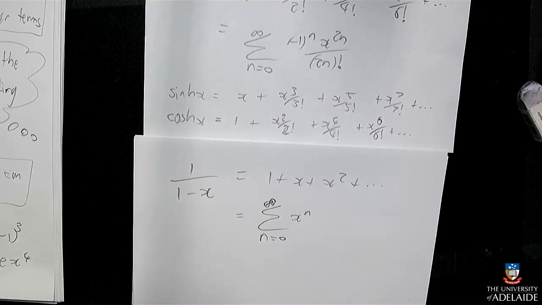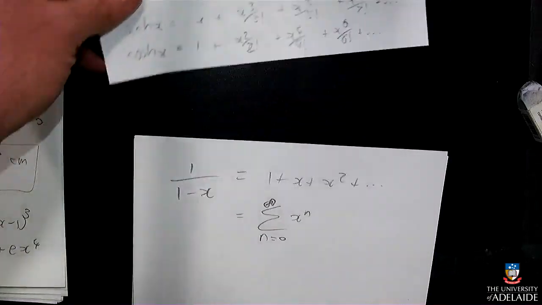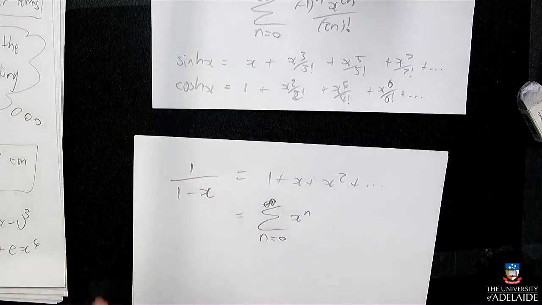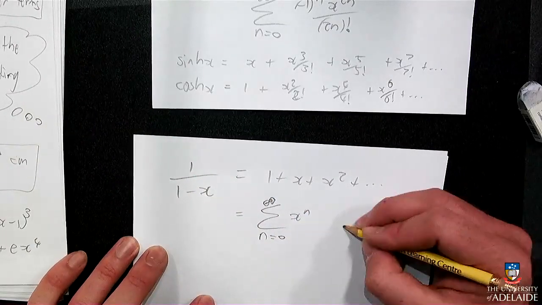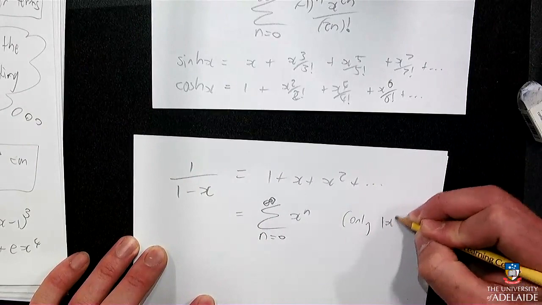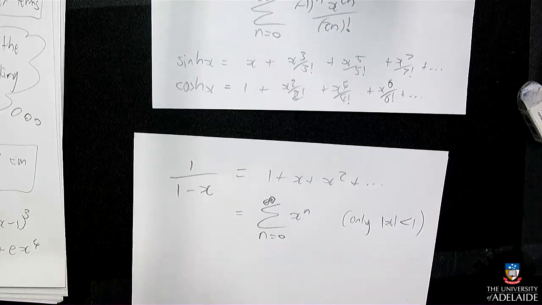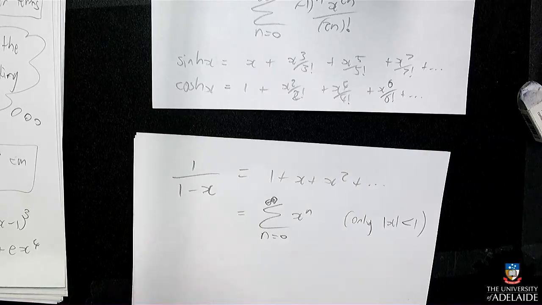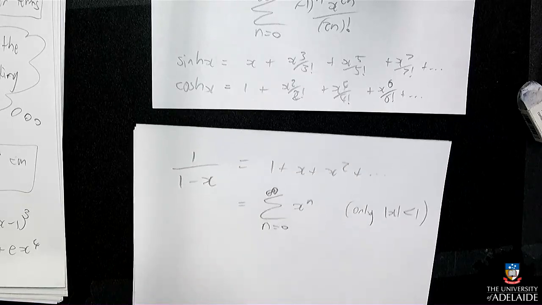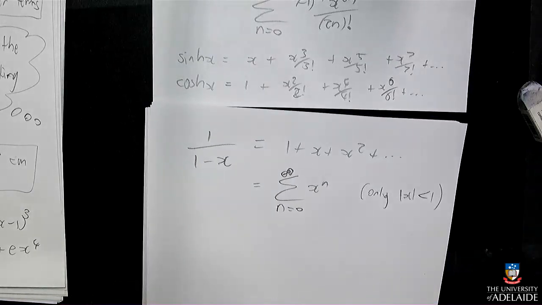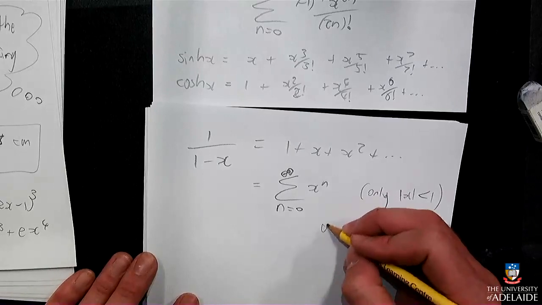You should note that these ones up here all work no matter what x is, but this one will actually only be equal to that if the absolute value of x is less than 1. I mean, weird things happen when x is equal to 1 because you've got 1 divided by 0, so you don't want that. Okay, so that's the Maclaurin series for 1 over 1 minus x, which is, as you note, the geometric series.